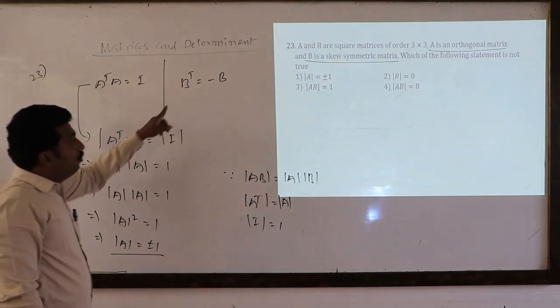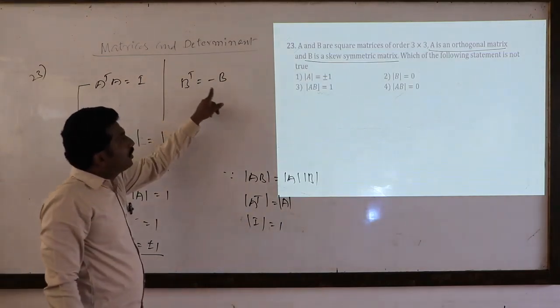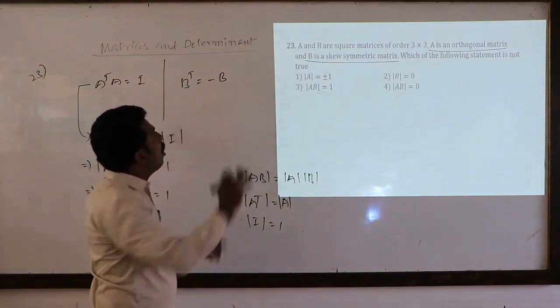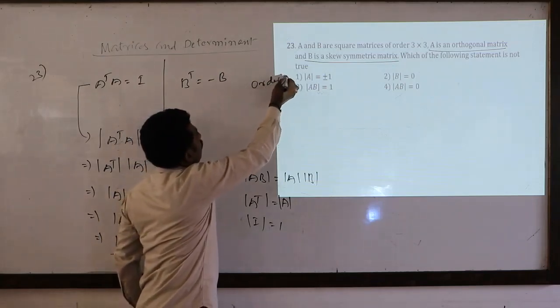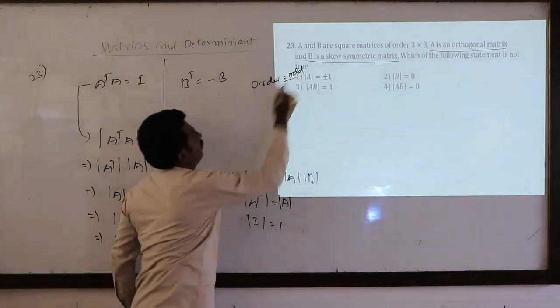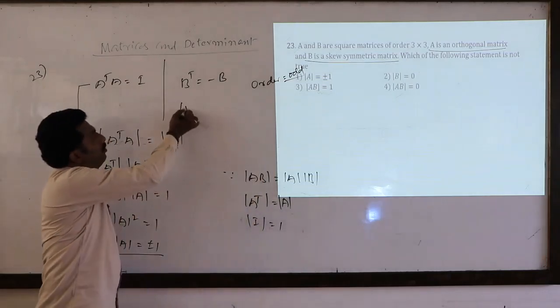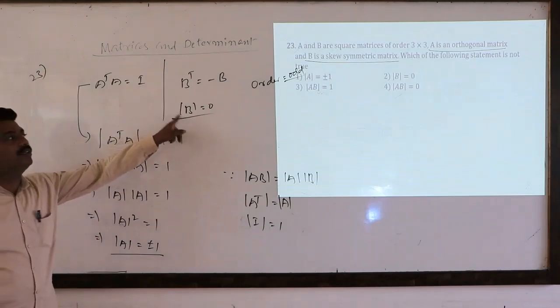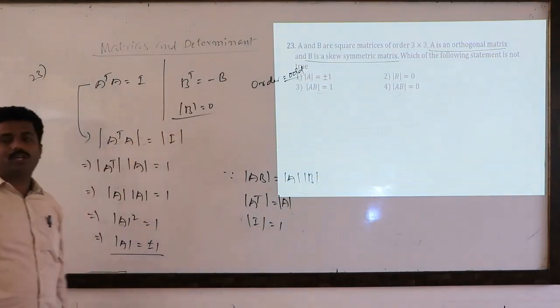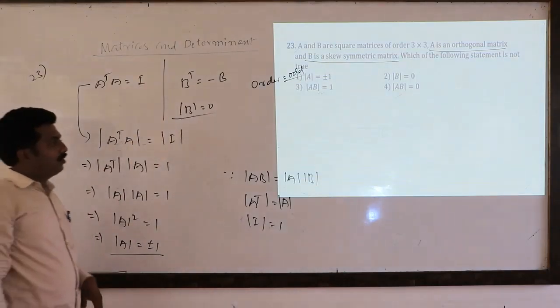They are asking, very clear. B is a skew symmetric matrix of odd order. So for odd order, any skew symmetric matrix determinant is always 0. So second option is also correct. Then what about the third option?